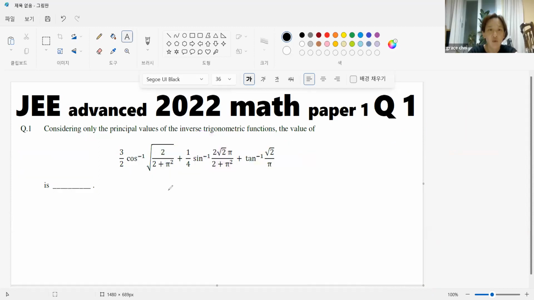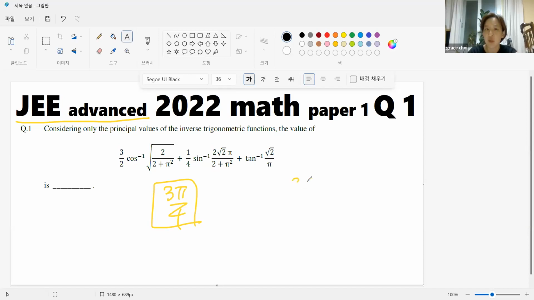3 pi over 4, but this is the JEE Advanced exam, so the answer 3 pi over 4 is not acceptable. Just round off 3 pi over 4 to 2 decimal places.